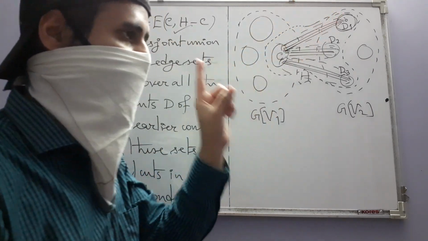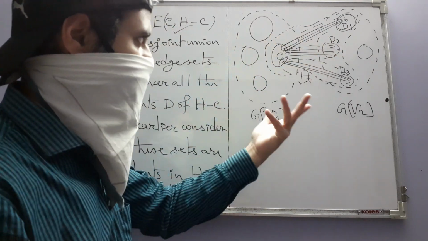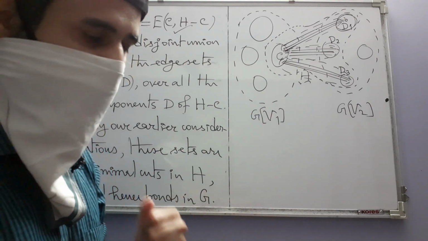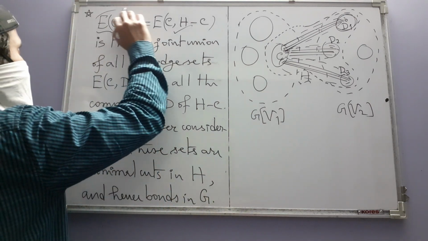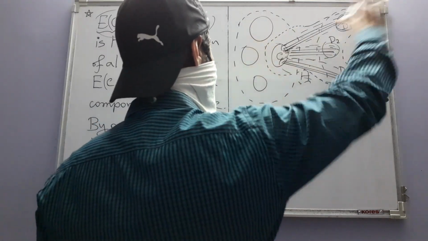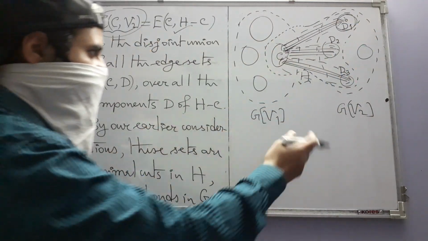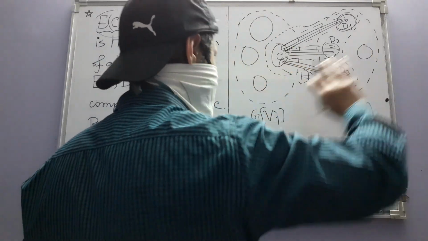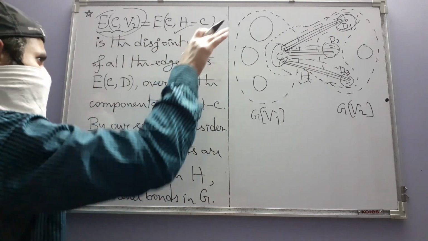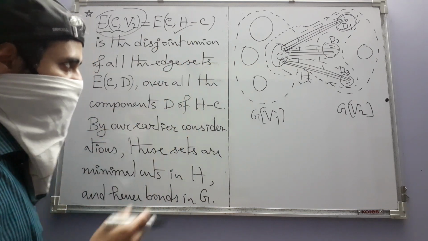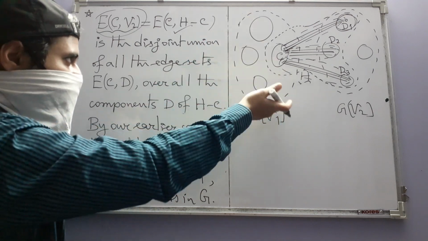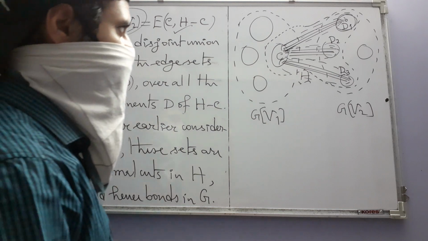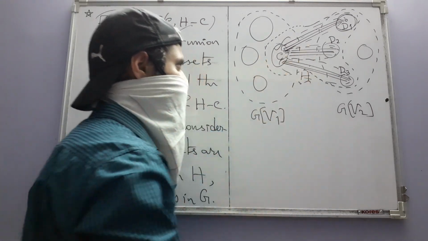These edges form one minimal cut, these edges form another minimal cut, these edges form another minimal cut. So each one of them is a bond, and this set of edges between C and the rest of H, or the rest of the graph itself, is a disjoint union of these bonds, which you can simply see. It's the union of these edges and they are disjoint. But next we vary this C also.